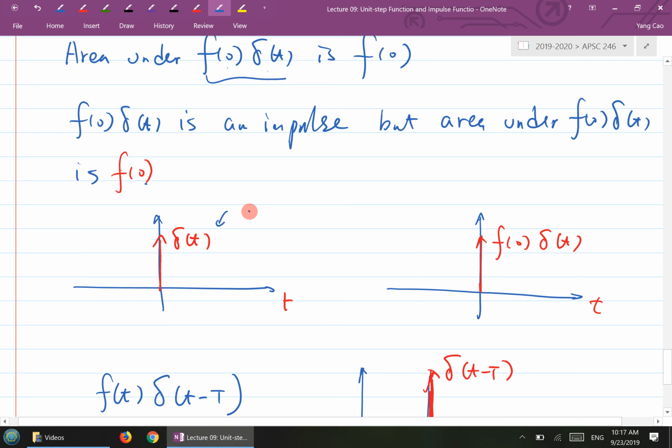This one here we can call the unit impulse function, because the area underneath this impulse is 1. And when you multiply this unit impulse function with any other non-unit value, all it does is essentially scale the area underneath that impulse.